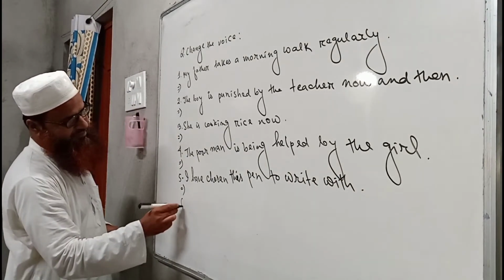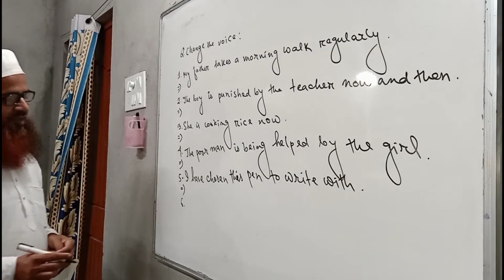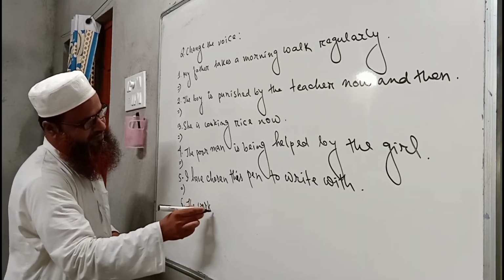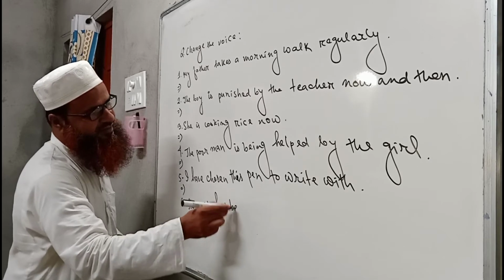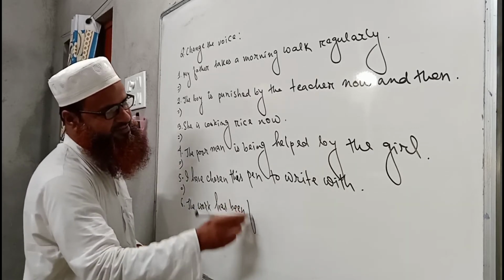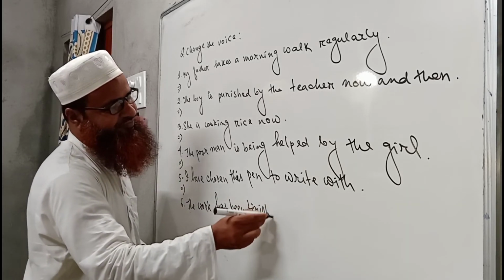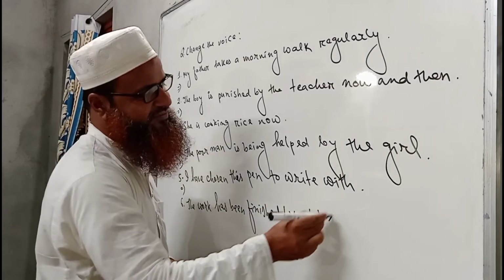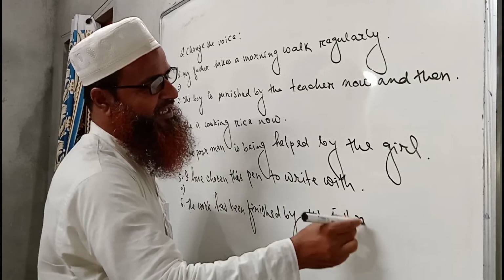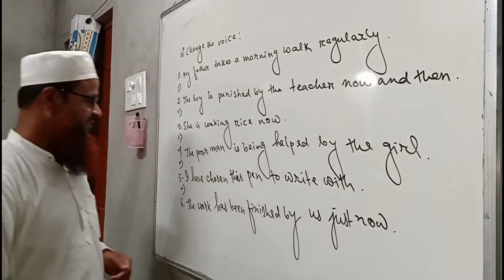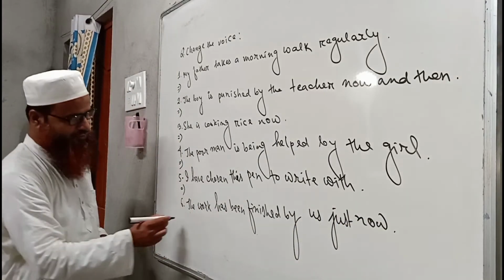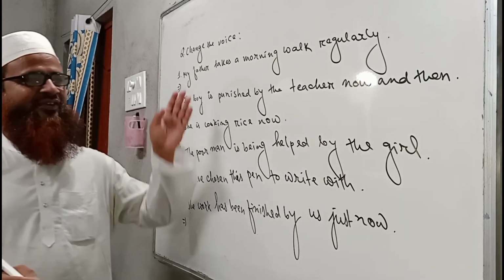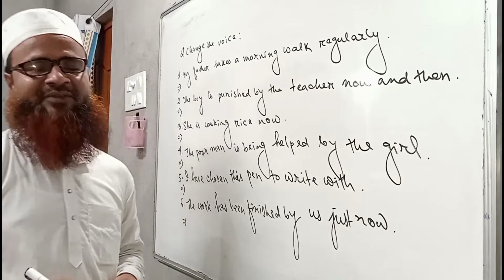Again, number 6: The work has been finished by us just now. So here I have written 6 sentences to show the voice sense of present indefinite, present continuous and present perfect tense.